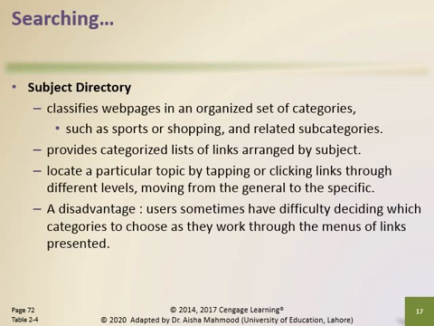A disadvantage with the subject directory is that users sometimes have difficulty deciding which category to choose as they work through the menu of links presented. Now, I would urge you to discover more and visit this chapter's free resources to learn more about search engines and subject directories.